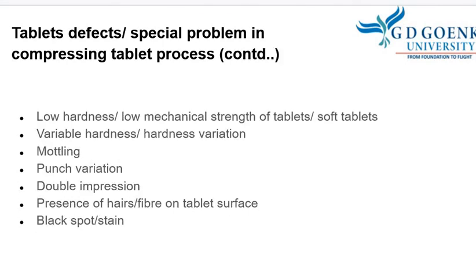The other tablet defects include low hardness or low mechanical strength, very widely experienced in aspirin tablets because they are highly hygroscopic, so the desired hardness cannot be achieved. Mottled appearance, for example meloxicam tablets, which have a different colored API. The excipient color is white or off-white, and the active drug substance is colored.